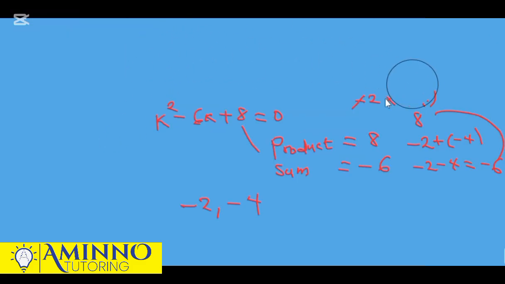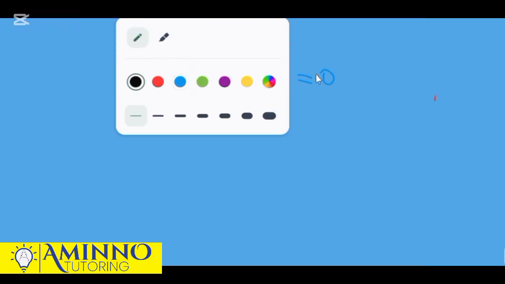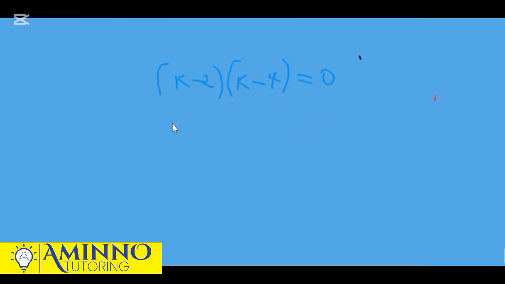Now, look at what we have. We have k minus 2 and we have k minus 4 as our result.